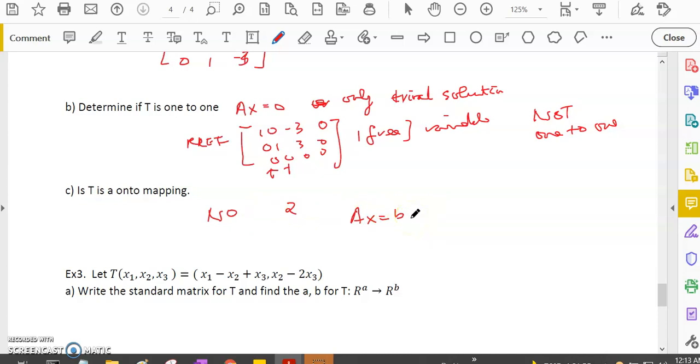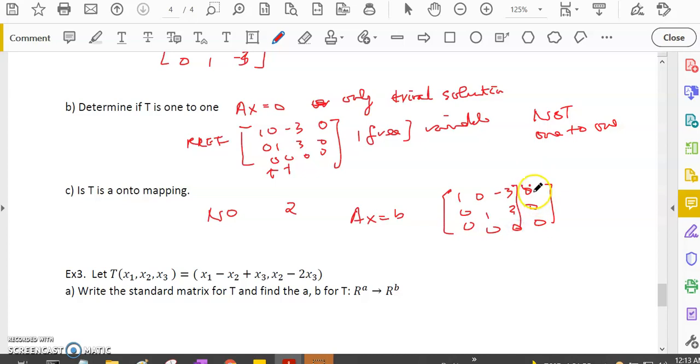When I reduce it, it is 1, 0, negative 3, 0, 0, 0, 1, 3, 0, 0, 0, 0.